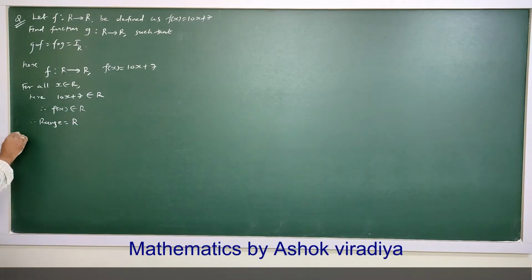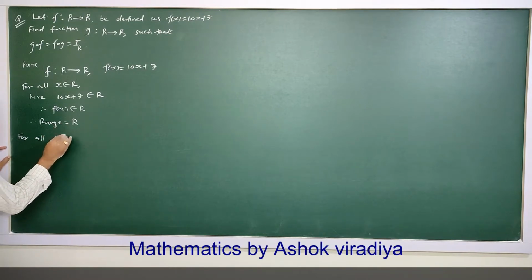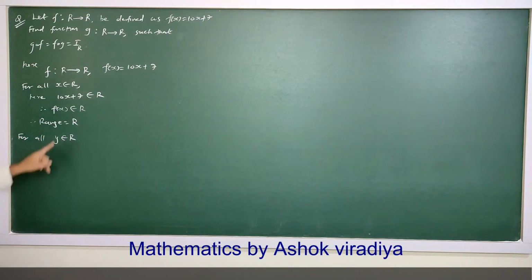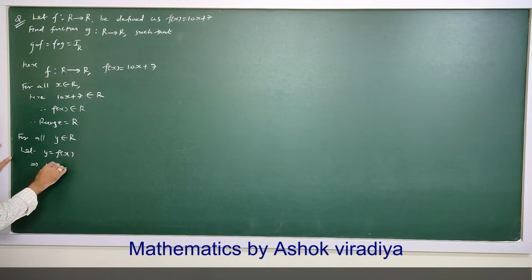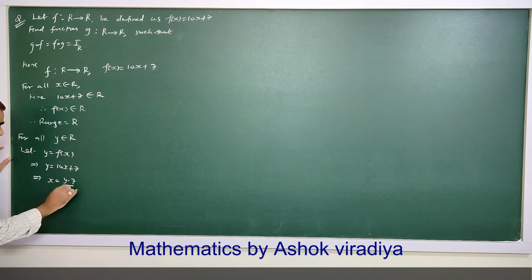Now for all y belonging to the range, if y is in R, meaning y is in the range, then y is f(x) for some x. So y is the image of some x under f. y = f(x), so y = 10x + 7, so x = (y − 7)/10.